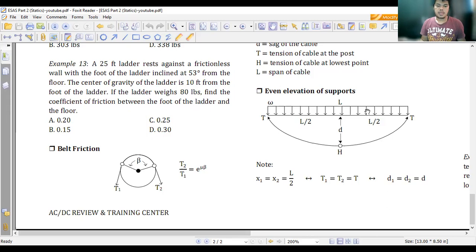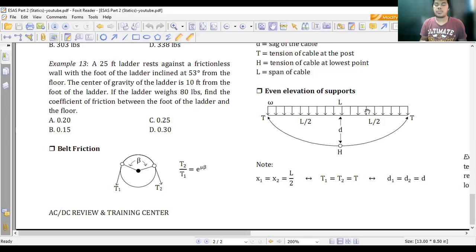Okay, so beta, on the other hand, is the angle of contact between the rope or belt and the roller. So if the belt is wrapped around the roller once, then beta is equal to 360 degrees.